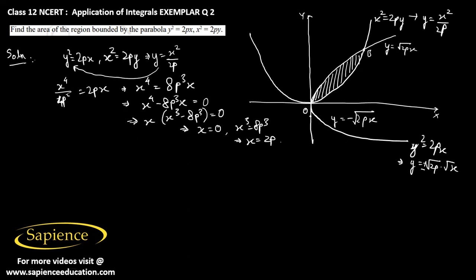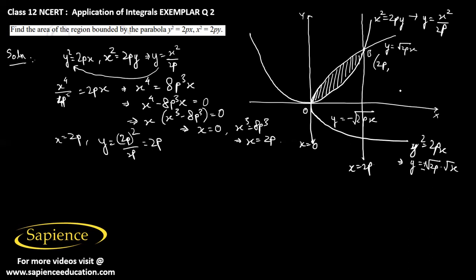It means the two curves intersect at x equals 0 also, on the y-axis, and for this straight line the equation will be x equals 2p. So the coordinates of point B will be 2p comma... when x equals 2p, the value of y will be 2p whole square by 2p, that is also 2p. So it is 2p comma 2p.